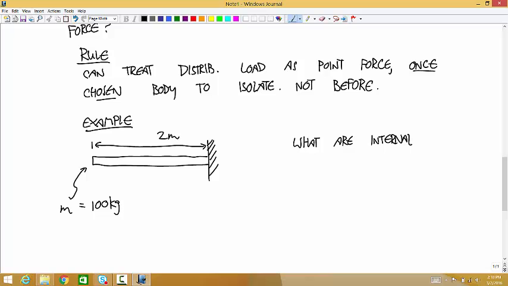But it could still be rotating with a constant angular velocity then. What are the internal loads in the beam?